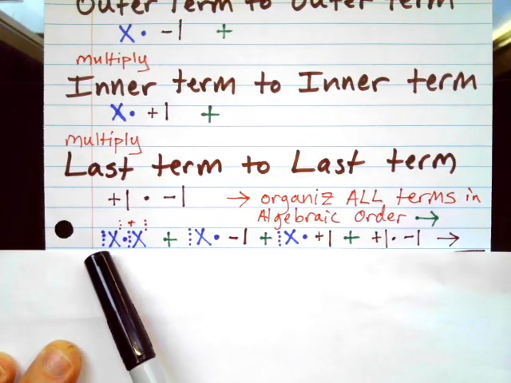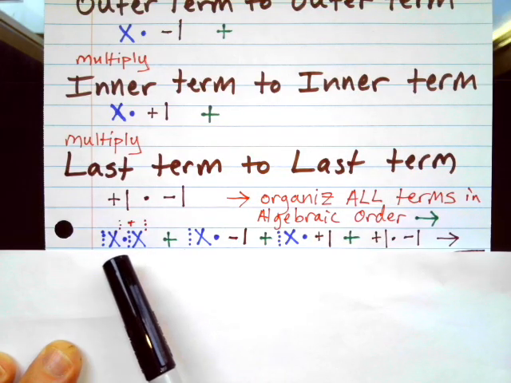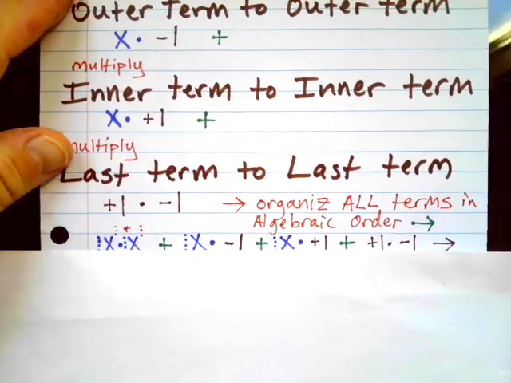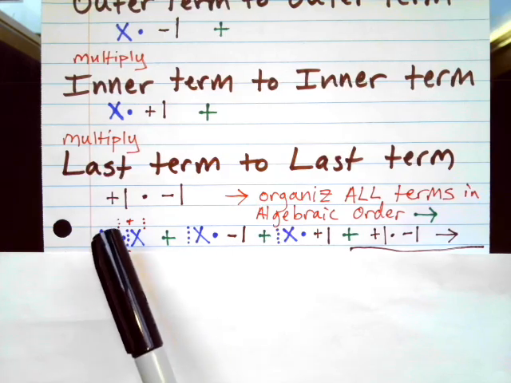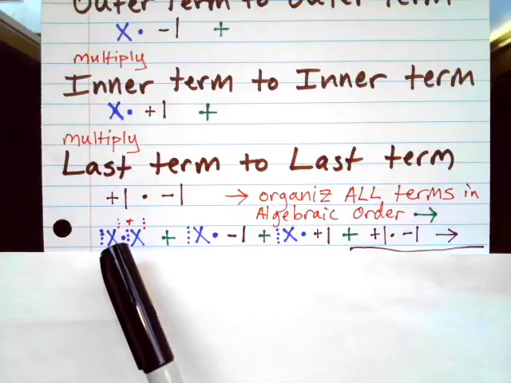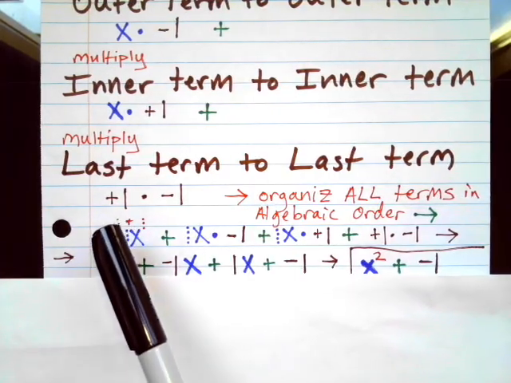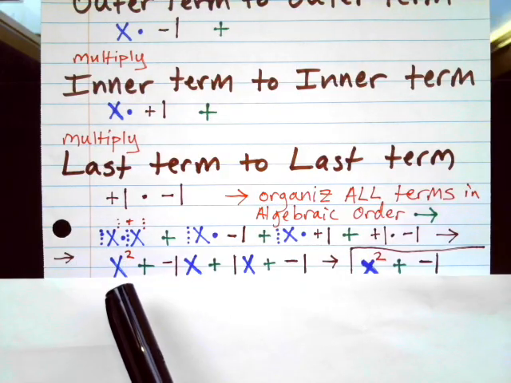I'm showing the invisible 1 in front of those variables, right? Since there's no other numbers, I'm going to show that invisible 1. Can you write a whole 1 in front of those terms? You absolutely can. I'm also showing the invisible 1 in the exponent's place. So 1 times 1 is 1x. And when you add those exponents, 1 plus 1 is 2. We have x times x is x squared.